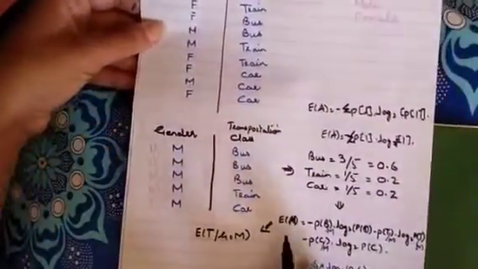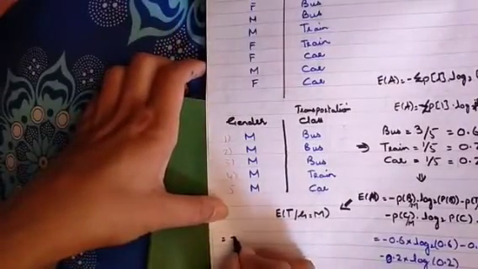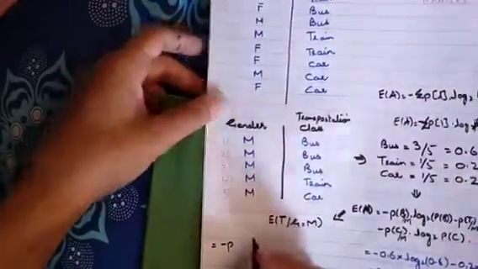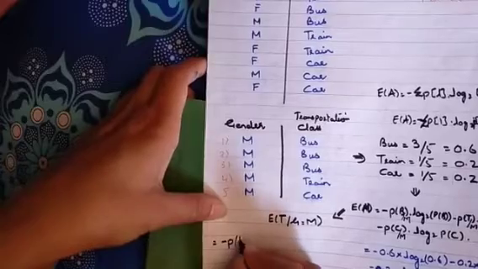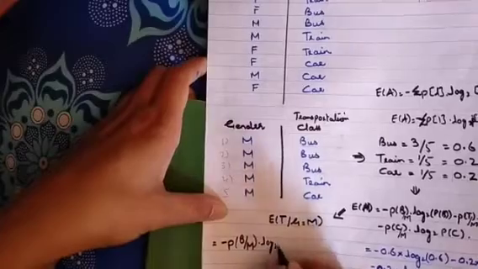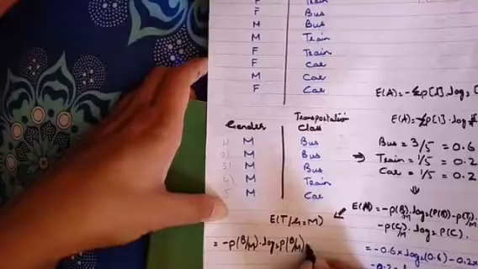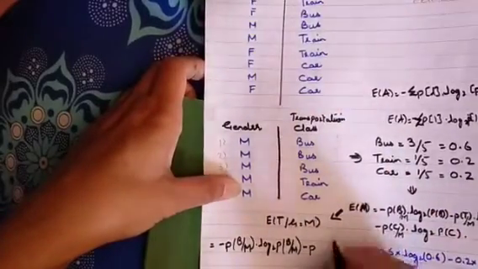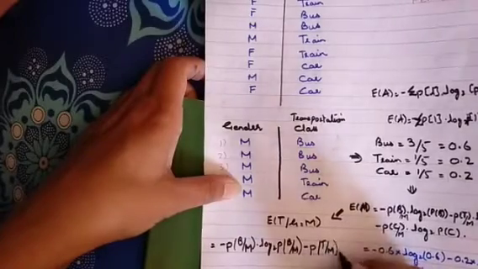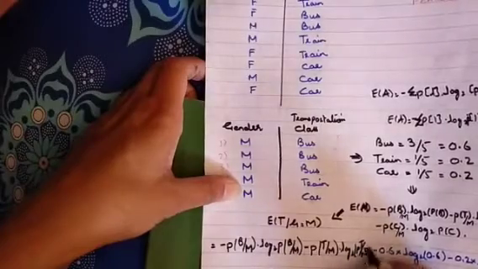So if I expand this formula, ये हमारे पास formula बन जाएगा, that is minus probability of, और हमने इन तीनों labels की basis पे देखना है for transportation, so that would be minus probability of bus given that male into log of 2 of probability of bus given that male, and then again minus probability of train देखनी है, so that would be minus probability of train given that gender is male into log of 2 of probability of train given that gender is male.